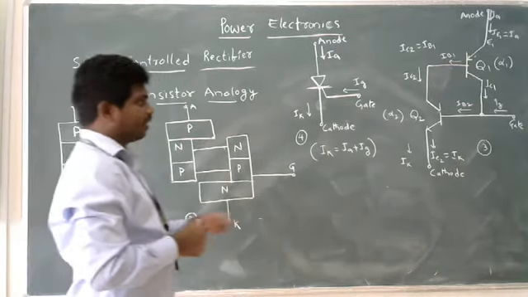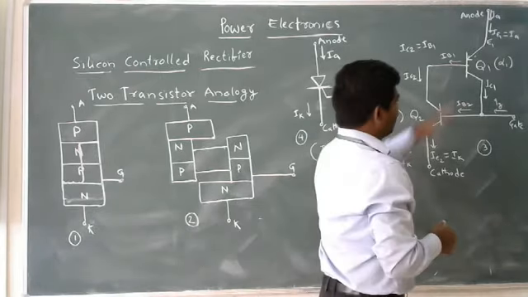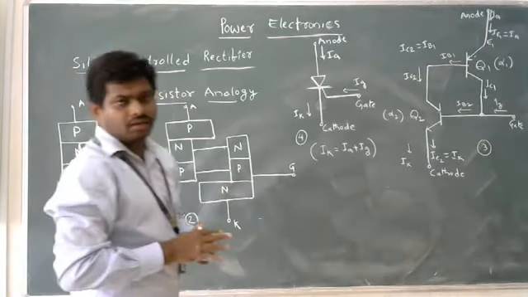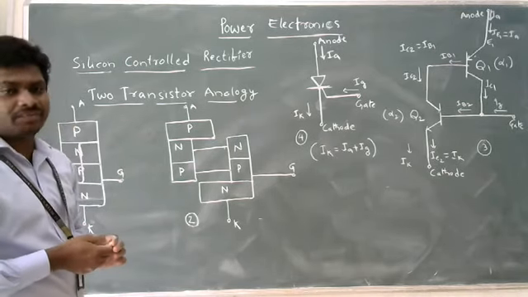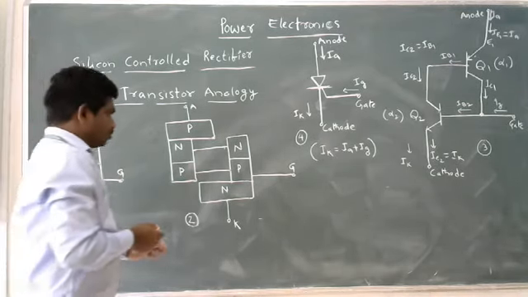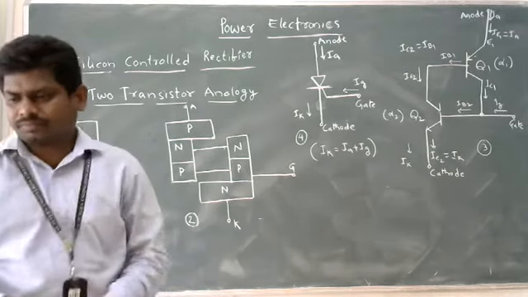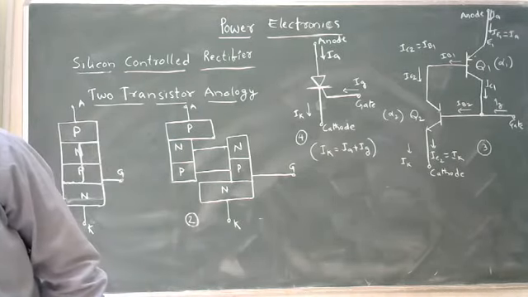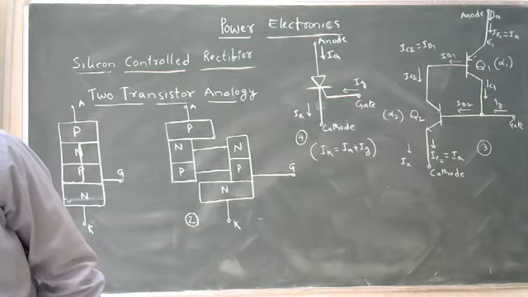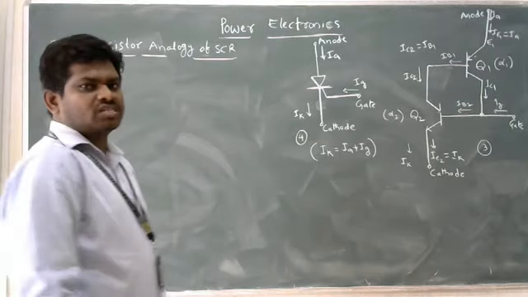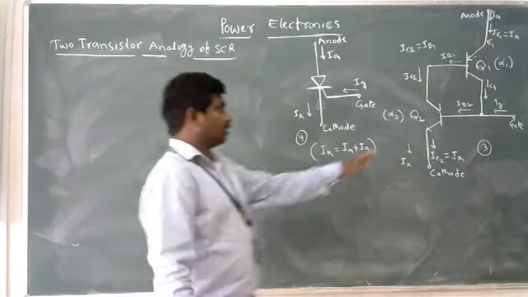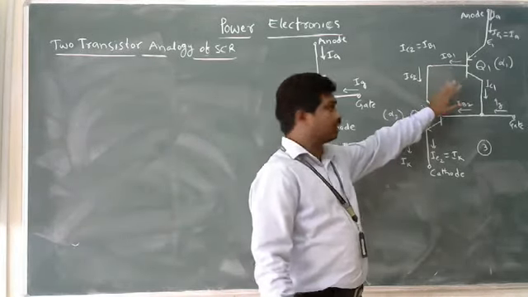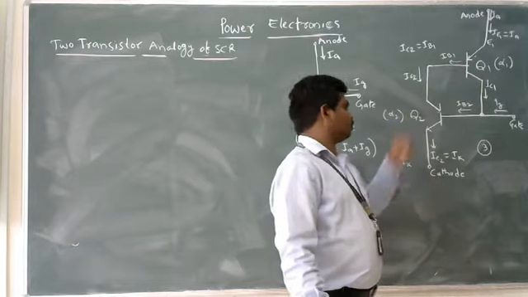Now we'll see how the operation goes when you analyze the SCR operation in terms of the transistor analogy. Common base current gain of transistors: I have two transistors here, Q1 and Q2.